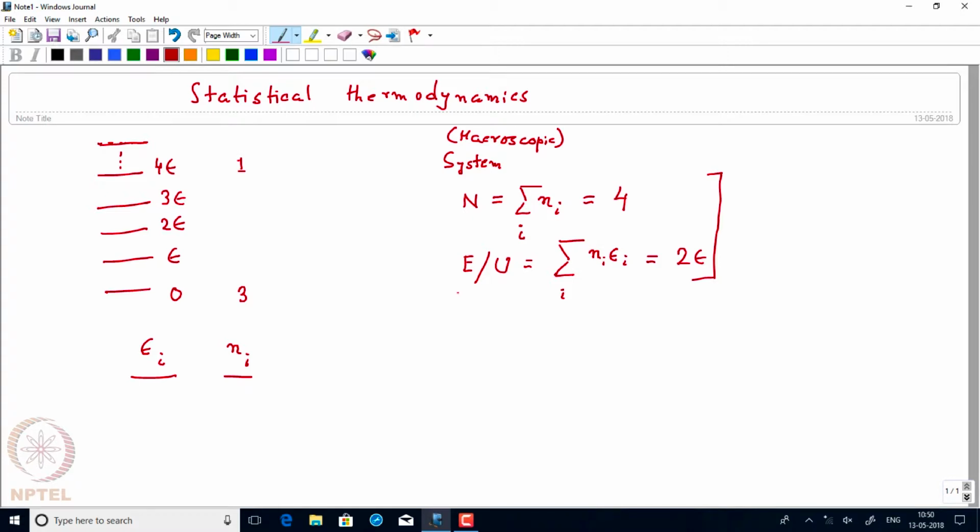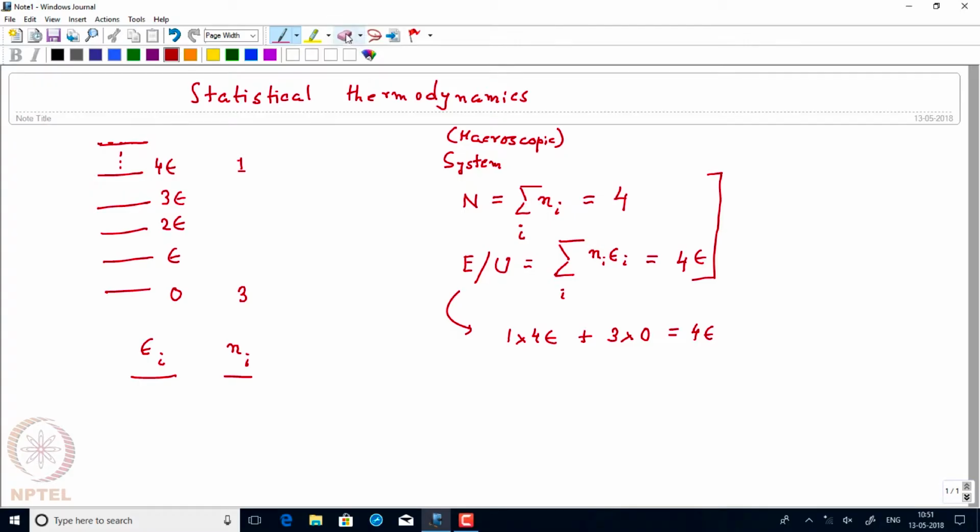So you can see from this equation the total energy will be 1 particle in the 4 epsilon level plus 3 particles in your 0 energy level. So that is nothing but 4 epsilon. I think we took 2 epsilon. Let us just take the total energy to be 4 epsilon, then we will have more number of distributions.